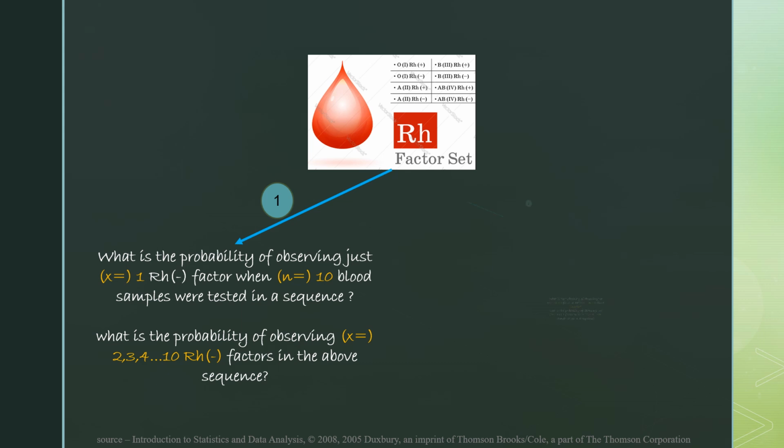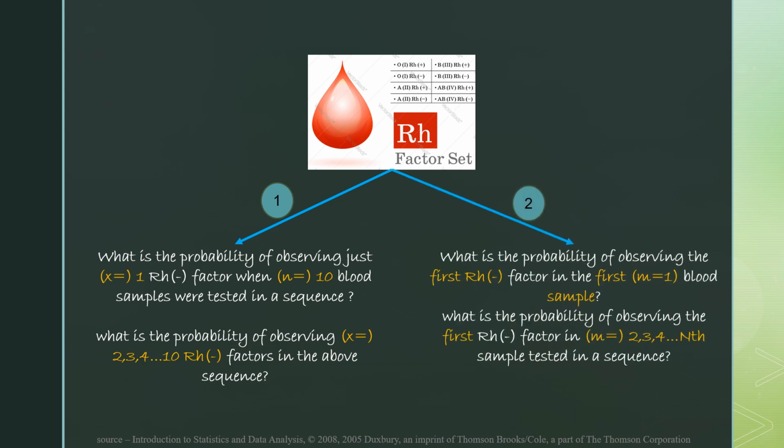And in case 2, what is the probability of observing the first RH negative factor in the first blood sample itself, m equals 1 in this case? Or what is the probability of observing the first RH negative factor in m equals second, third, fourth or nth sample tested in a sequence, where n equals the population size of the blood samples?